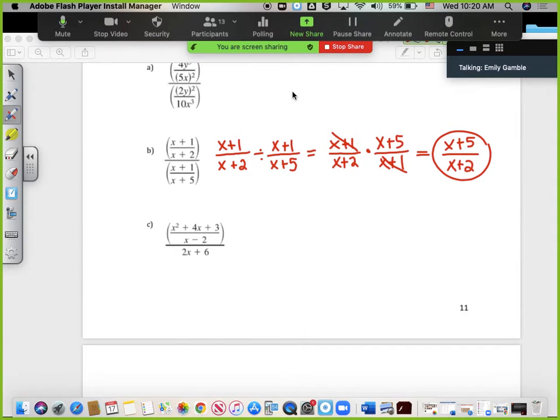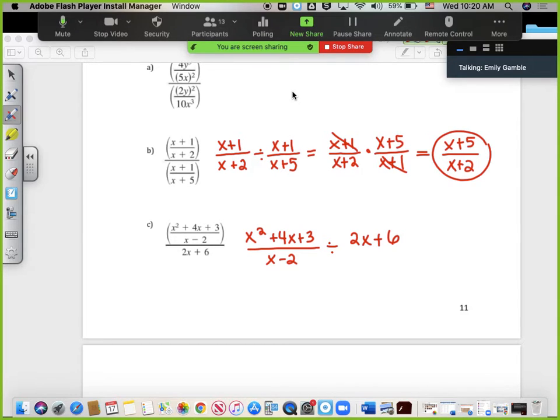And then, of course, these are going to get a little bit more difficult if you ever need to simplify by factoring. So letter C, we have here this divided by this. So the first thing I'm going to do is rewrite this as a horizontal problem of x squared plus 4x plus 3 over x minus 2 divided by 2x plus 6.